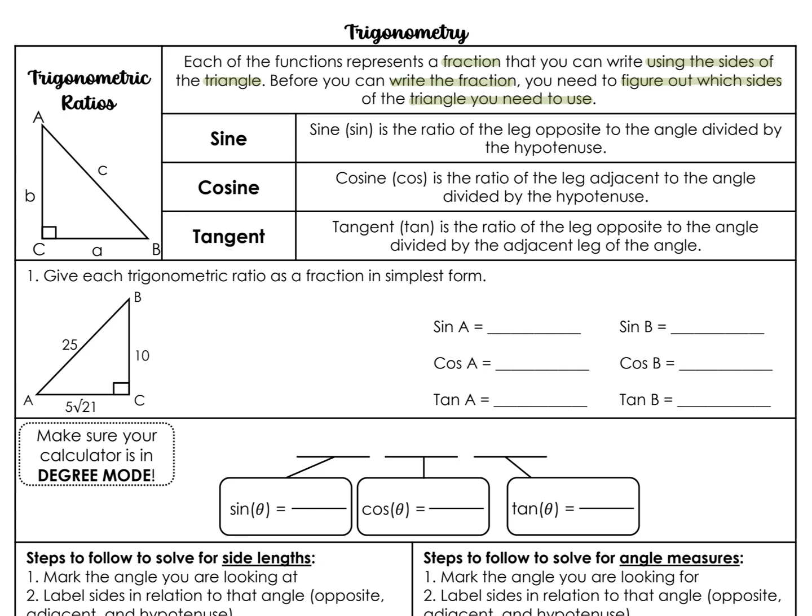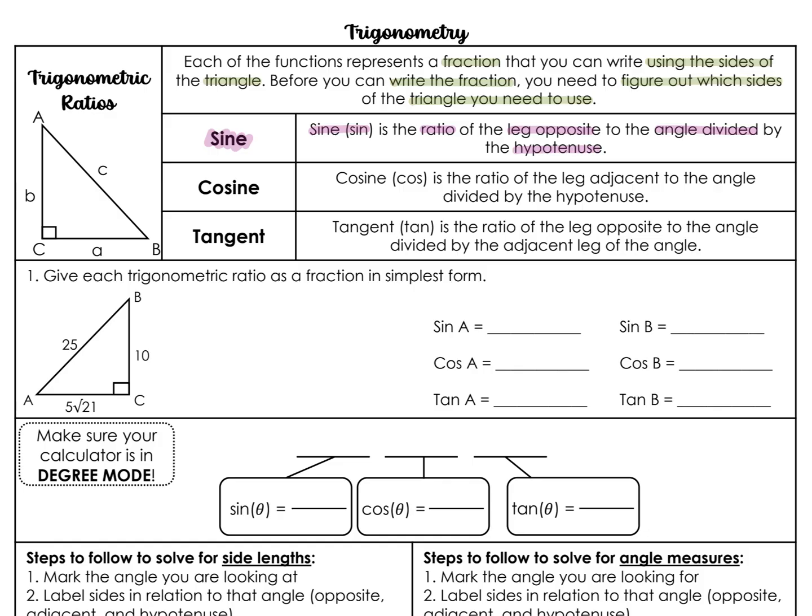So here we have our three trig functions. We have our sine, which is going to be the ratio of the leg opposite of your angle divided by the hypotenuse.